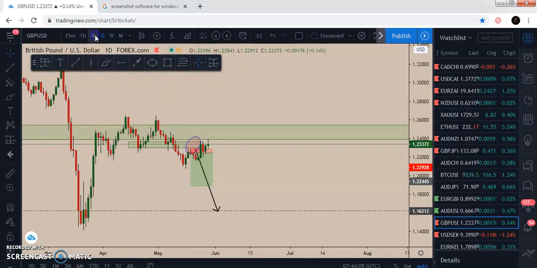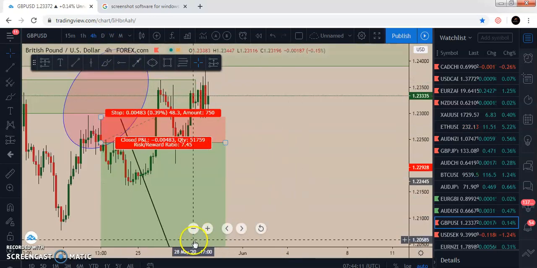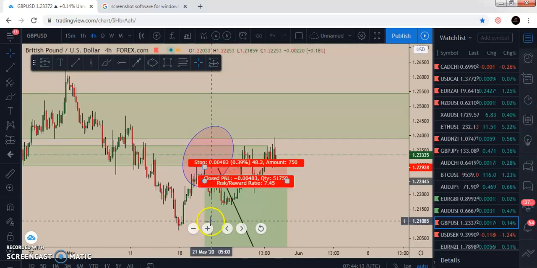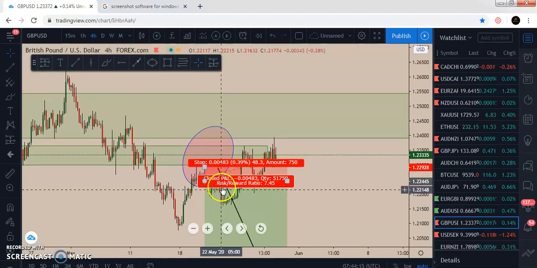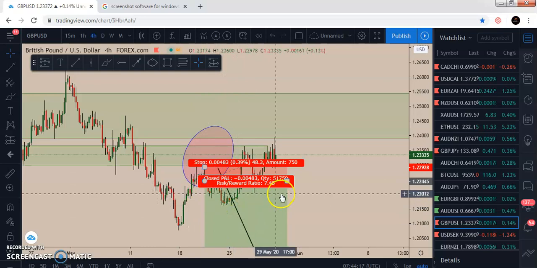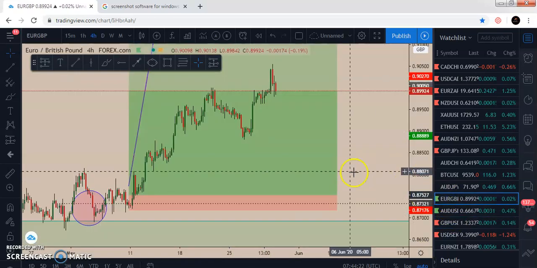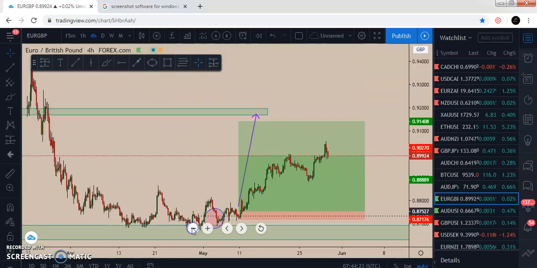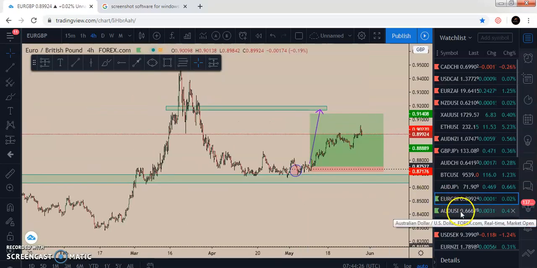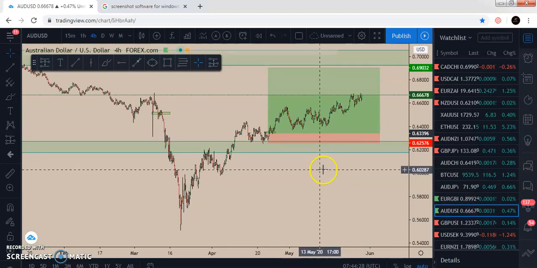Okay, I want to go over to the 4-hour time frame so you can see everything very well. Now we're in this trade as well, risk free, but fortunately it came back to hit us at break even, so we didn't go out with any loss because we are risk free. Let me go back to show you the Euro Great British Pound that we are running risk free already, and the AUD USD as well.